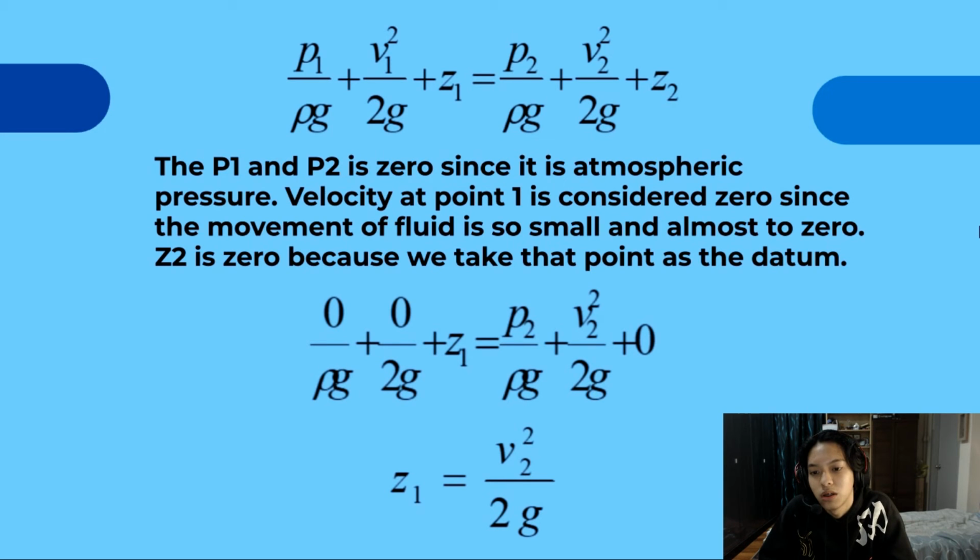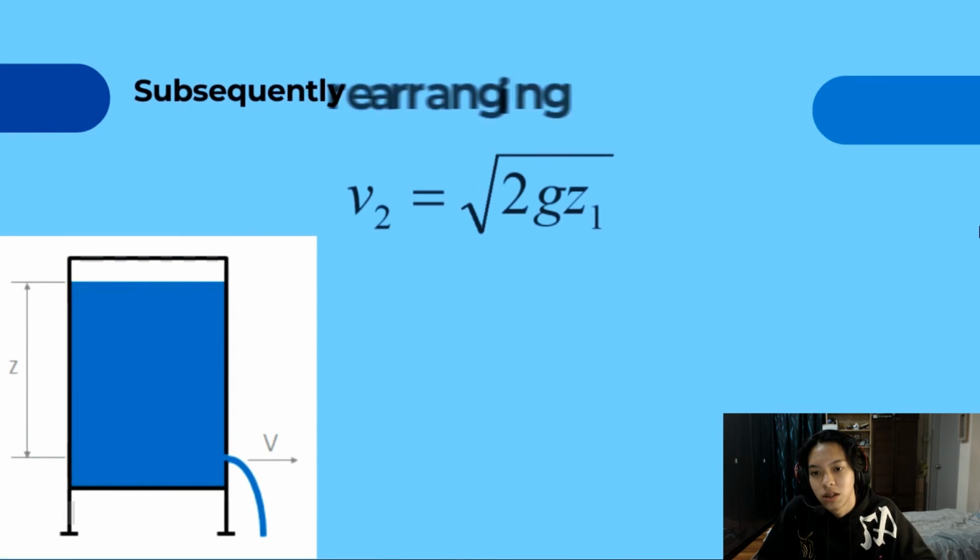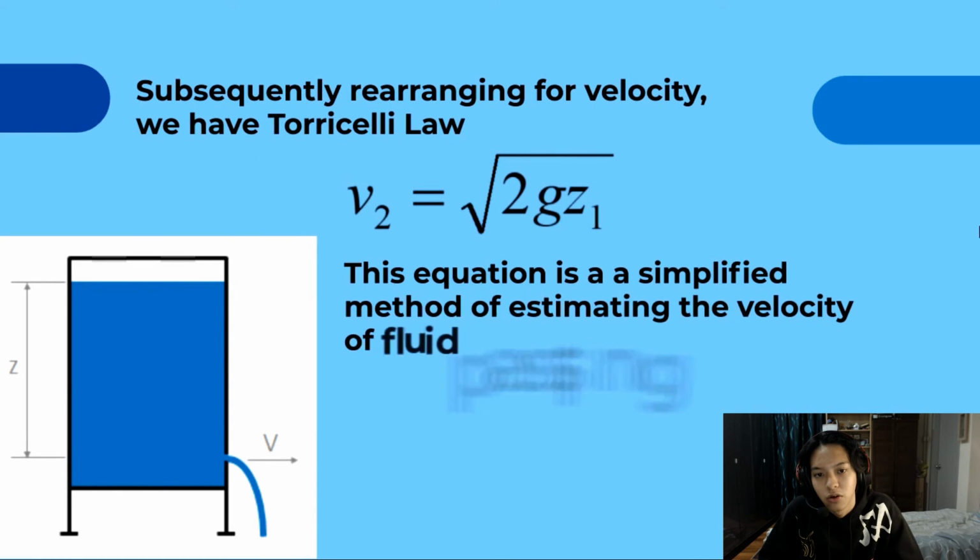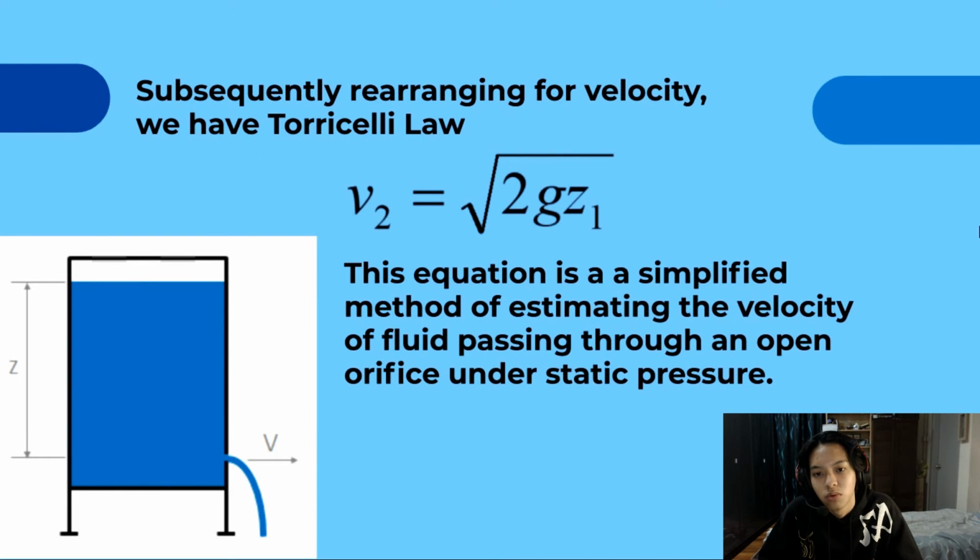When we insert P1 and P2 as 0, the equation becomes Z1 equals V2 squared over 2g. By rearranging the equation, we get V2 equals the square root of 2g Z1, which is Torricelli's law.